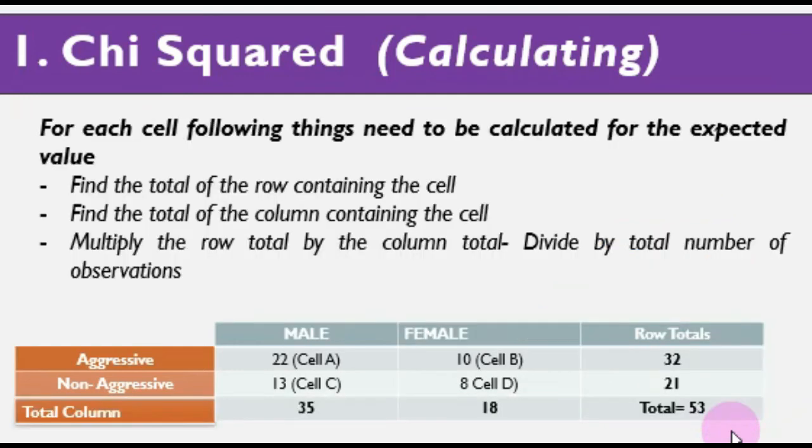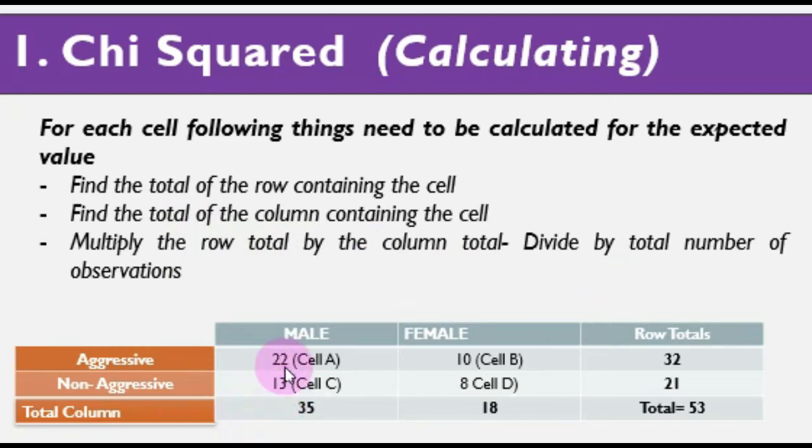Okay? For each cell, the following things need to be calculated for the expected value. Find the total of the row containing the cell and find the total of the column containing the cell, and multiply the row total by the column total, divided by the total number of observations.